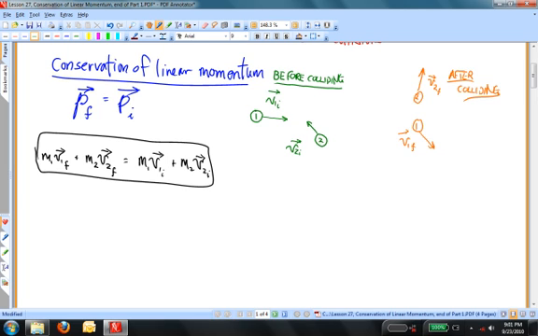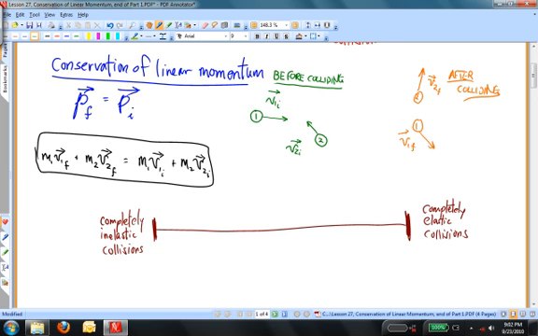One other detail that I want to bring up before we start solving numerical problems is to notice that there are two extreme types of collisions, and most collisions fall somewhere on a continuum between those two extremes. You have what are called completely inelastic collisions and completely elastic collisions. The more common type that we see in the everyday world are completely inelastic collisions.